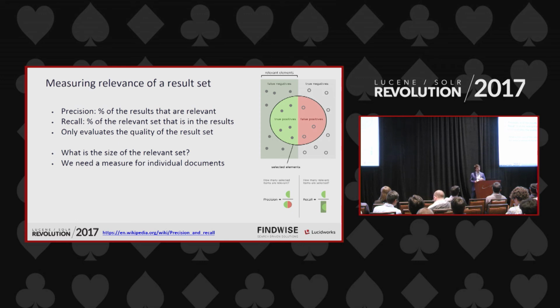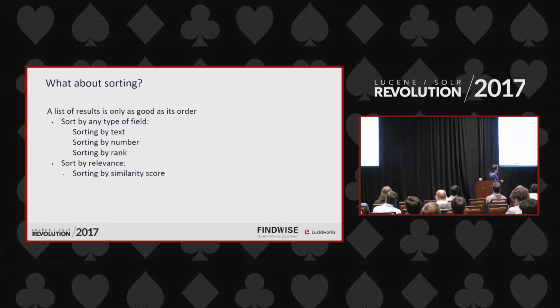But that is only able to measure the relevance within a set of information. It doesn't actually evaluate the relevance of each of the individual documents within our information set. So if we go a little deeper and say, okay, we got this set of documents as our relevant documents, what do we do with them? Something that is very important is to decide how we want to sort them.